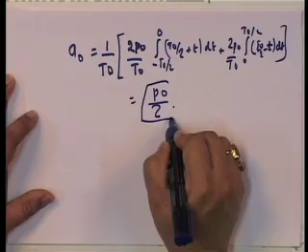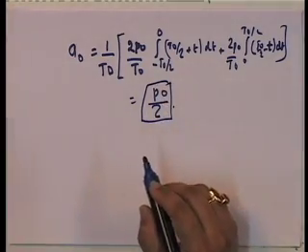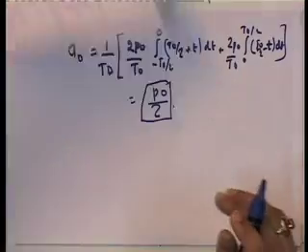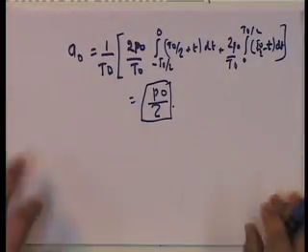So, A 0 is P naught by 2, and this indeed, if you look at this, it represents the average value. Okay. So, that is A naught.